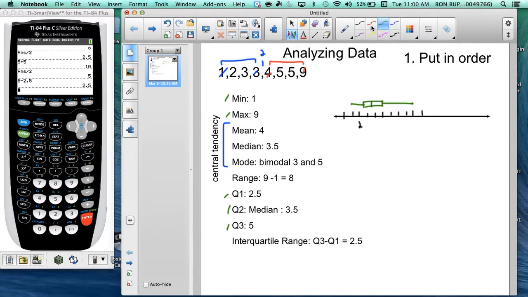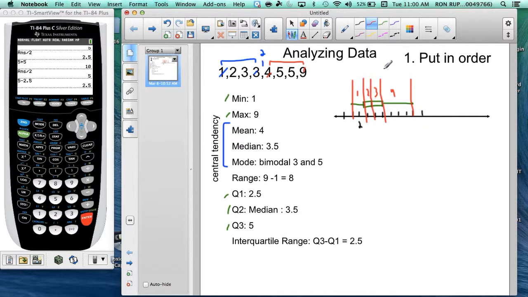The other thing about a box and whisker plot is that it divides it into quarters. There's quarter 1. That's going to be confusing. Basically, everything here is quarter 1. Everything in there is quarter 2. Everything in there is quarter 3. And then everything there is quarter 4. It divides our data into 4 quarters.